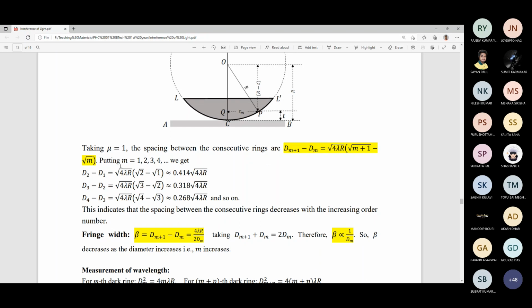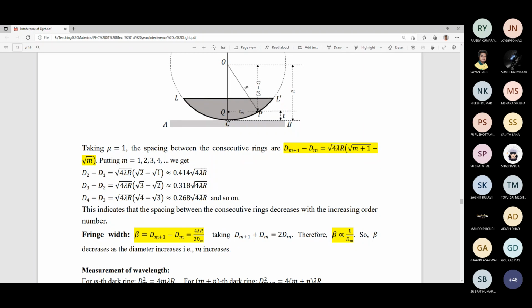Now if we put m equal to 1, 2, 3, 4 like this, then the separation between the diameters, that is d2 minus d1, is equal to 0.414 multiplied by this quantity root of 4 lambda R. d3 minus d2, that is root 3 minus root 2, is equal to 0.318 root of 4 lambda R. Then d4 minus d3 is equal to 0.268 root of 4 lambda R, and so on.